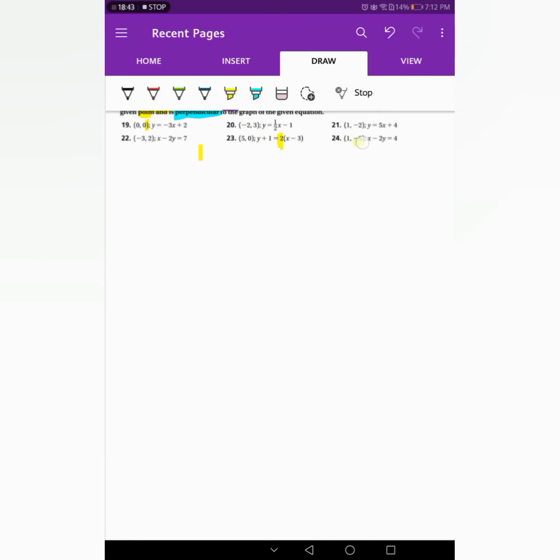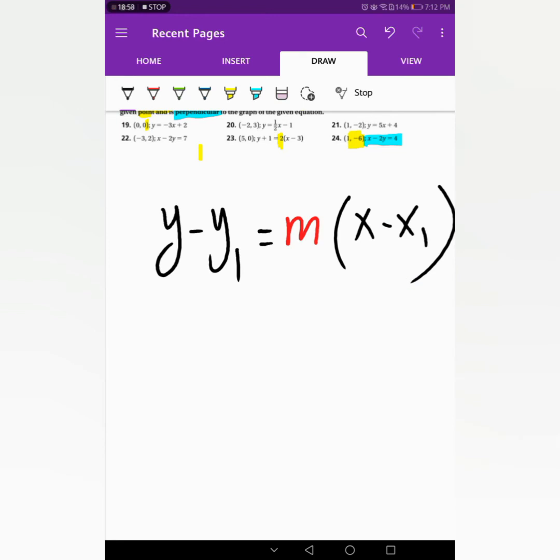Again, I have a point, I have an equation. That means I have to use this form, the point slope form. Now, let us use the point. This is x1 and this is y1.